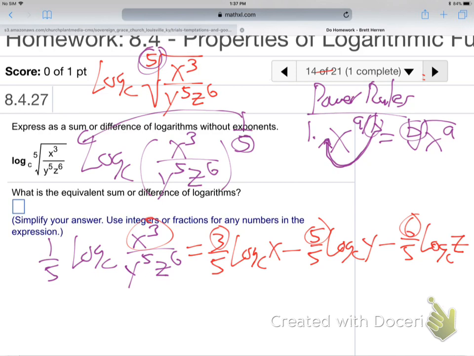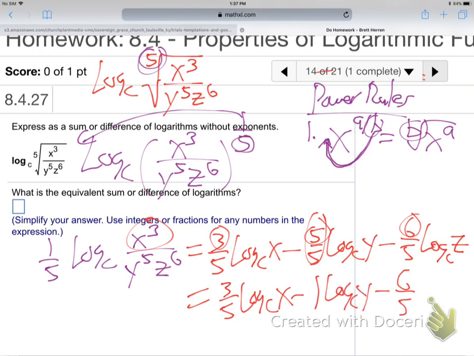Powers on logs go to the front. So, last step, what is 5/5? That's a 1, like Abraham was saying. And there we go.